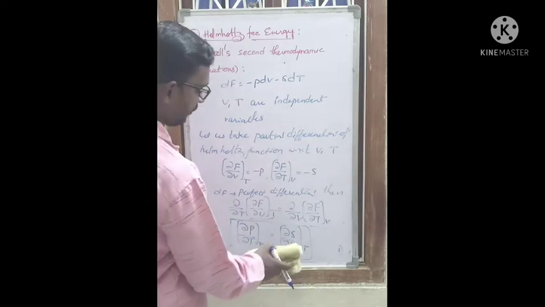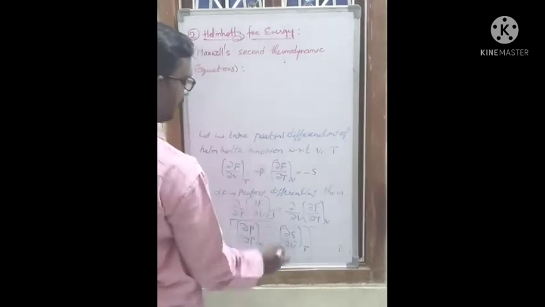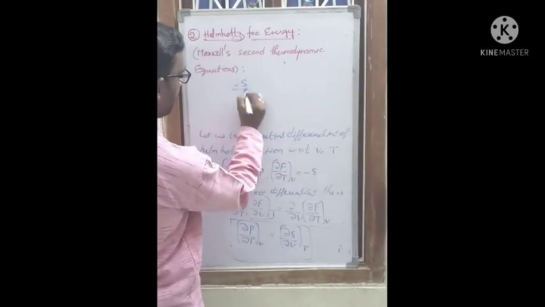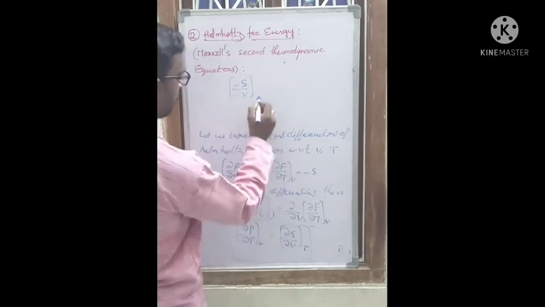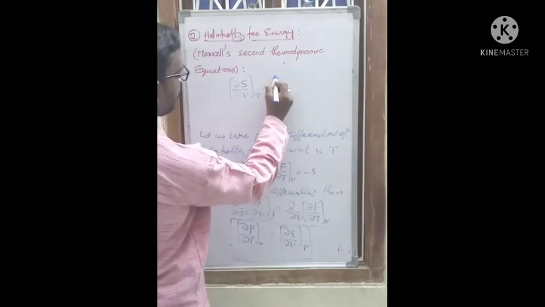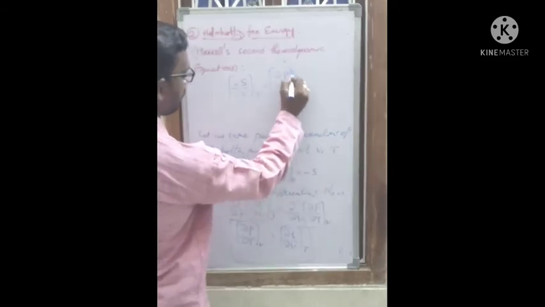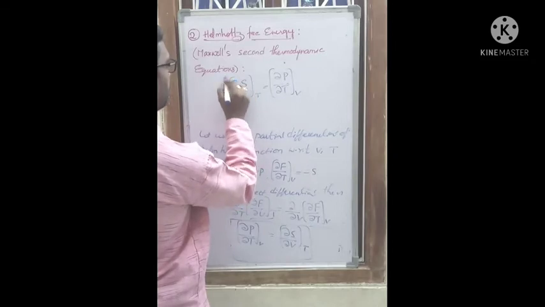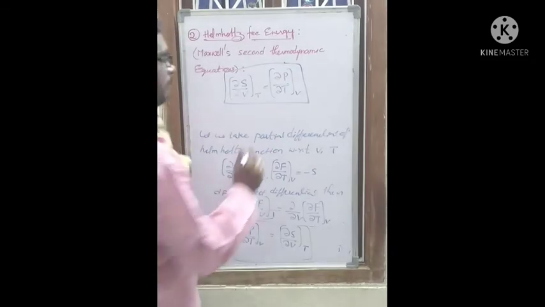Simply we can also write it like this. The same equation: ∂S/∂V at constant T equal to ∂P/∂T at constant volume. Okay, you have to remember this equation.